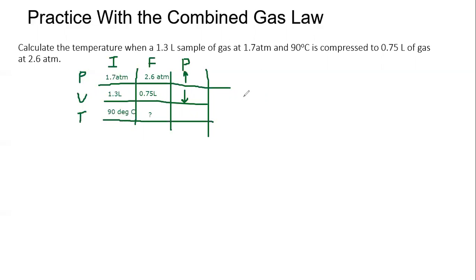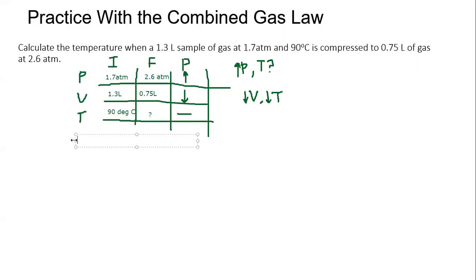But with volume, we know that if we decrease volume, temperature should also decrease. But with pressure, we don't know what should happen to temperature, because there's no law that we've covered that shows a relationship between pressure and temperature. So therefore, it's inconclusive what temperature will do. So we need to make sure that we do our calculation correctly.